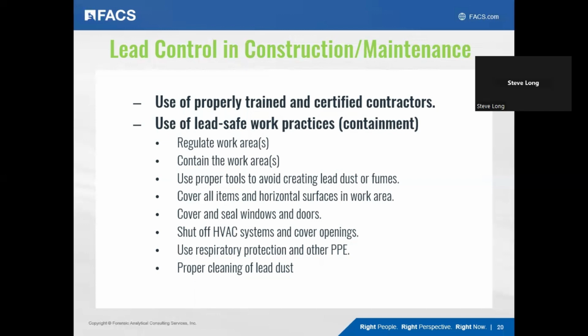So an example of something that would be prohibited would be using a torch to basically blister off paint from surfaces. This would be a paint removal method that has been used in the past, but it creates a tremendous amount of airborne lead dust. And so this is not a practice that is used anymore.